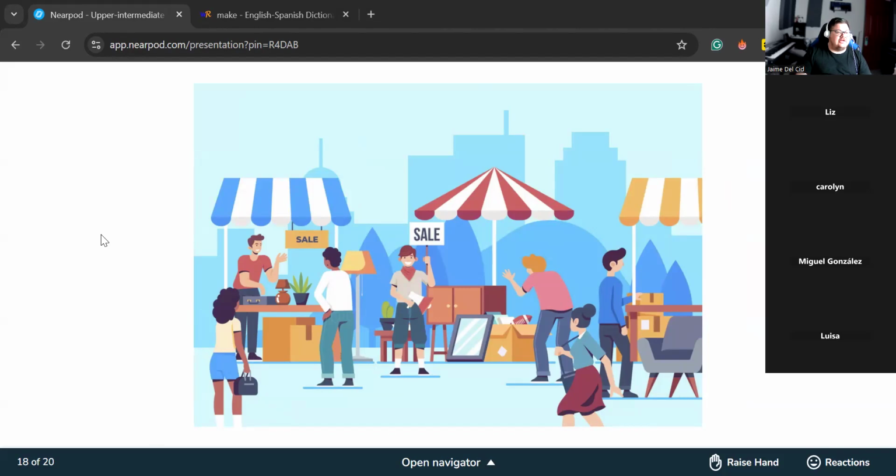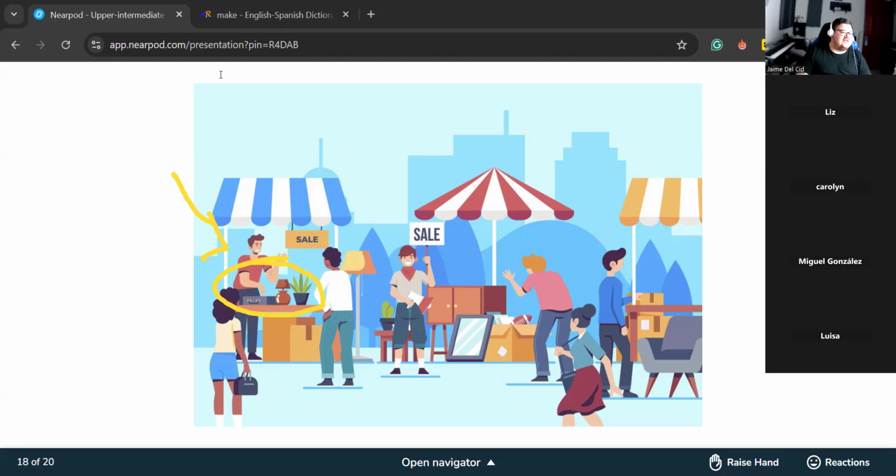So, for example, if we pay attention here to this area, we can see that something's happening in this kiosk, right? I think some souvenirs or some house articles are being sold here.